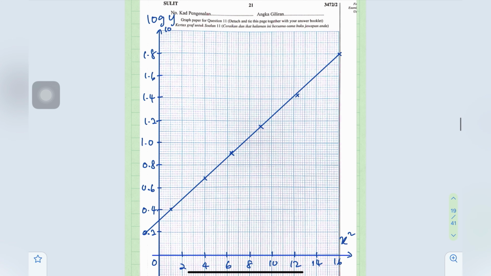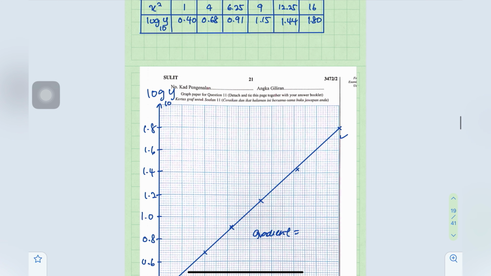Okay, so here from the graph we can find the gradient and the y-intercept. Okay, so gradient. Okay, gradient yang kena the first and the last one. Okay, so ni kita ambil kat sini which is 1.80 minus 0.40 over 16 minus 1.